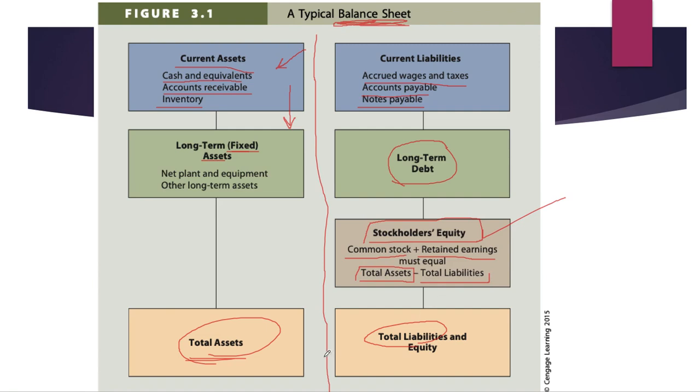So always the left and right hand side of the balance sheet must be equal to each other. Okay, that's an accounting identity. So it is always going to be identical. The left and right columns, the total assets versus total liabilities plus equity, is always identical.